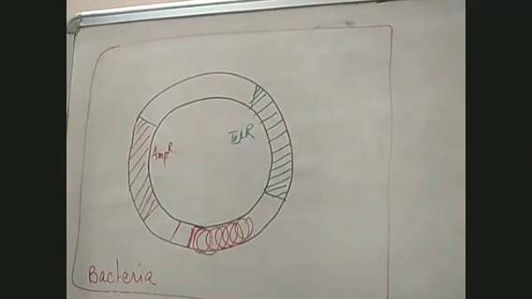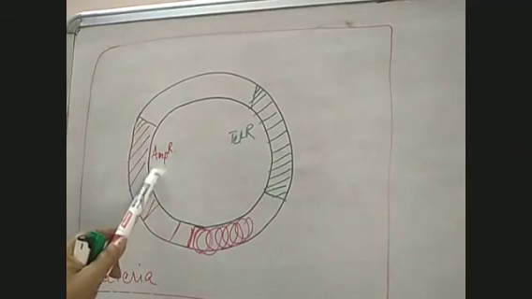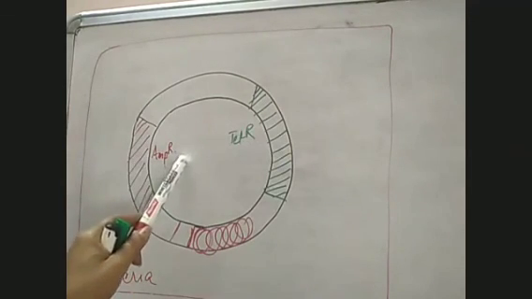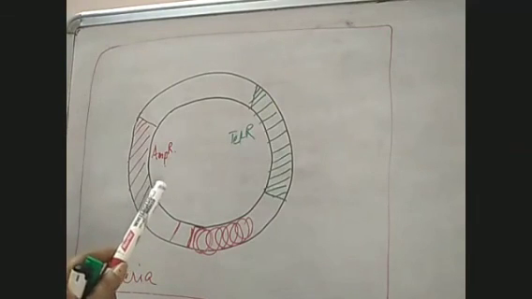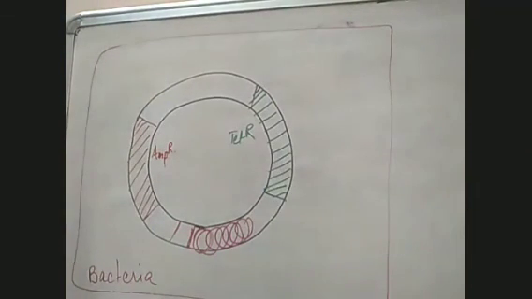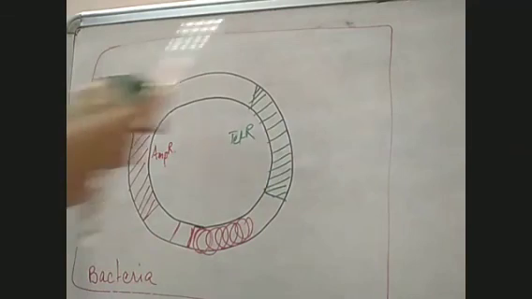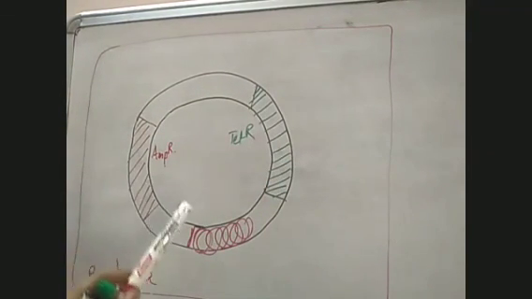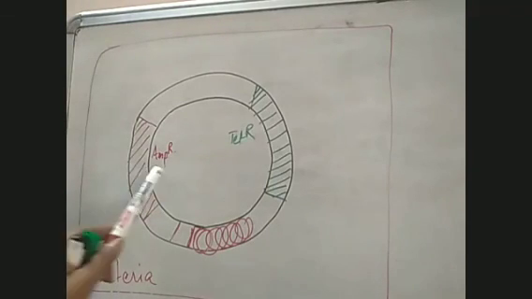Normally, ampicillin kills bacteria. But here, because this has a marker with ampicillin resistance, this bacteria has now got resistance for ampicillin, and if it is grown in a medium with ampicillin, it will not die, it will survive.